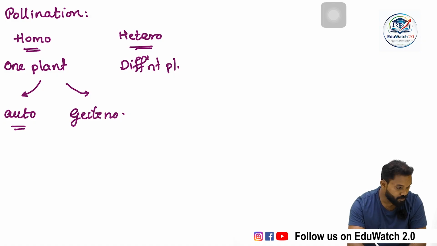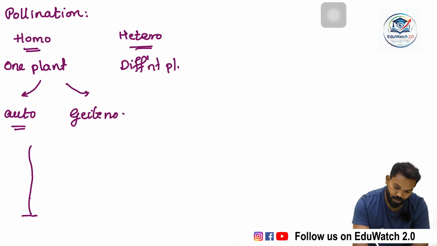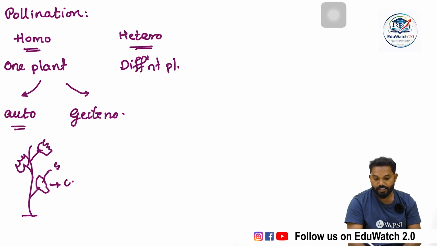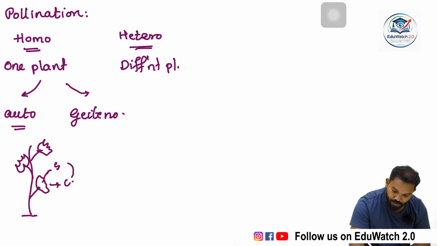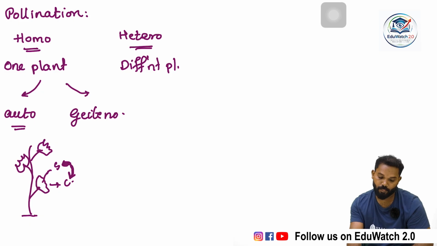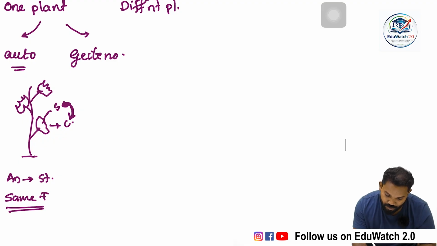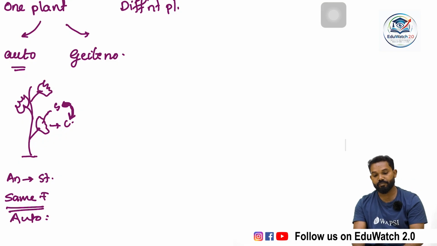Autogamy: if a plant has flowers in bisexual condition, which contain stamens and also carpel, there is a chance to pollinate itself. That means the transfer of pollen grain from the anther to the stigma of the same flower is known as autogamy.